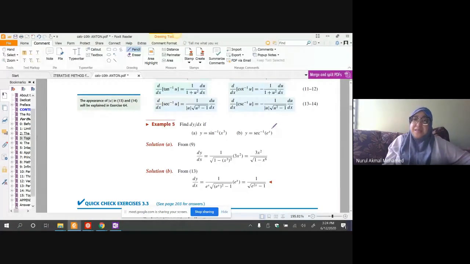Okay, what about B? Arcsecant of e to the x. We still have to use chain rule here, and the arcsecant can be obtained from the formula for the derivative of the arcsecant.